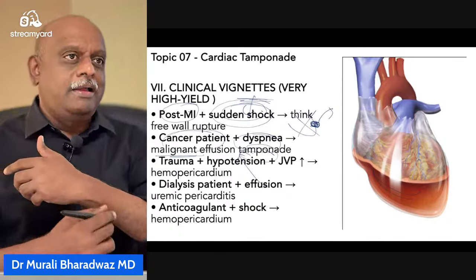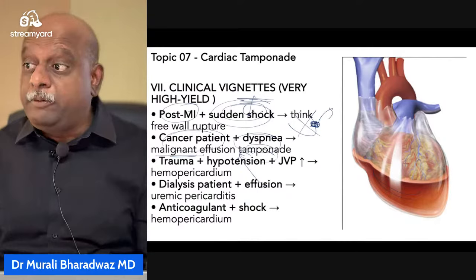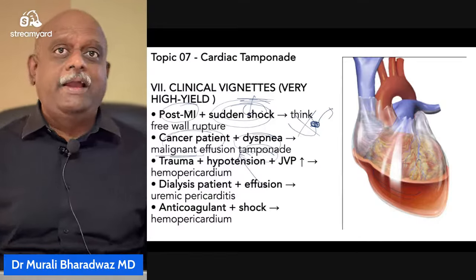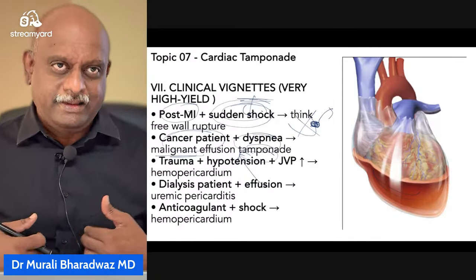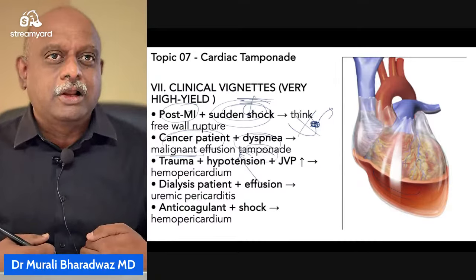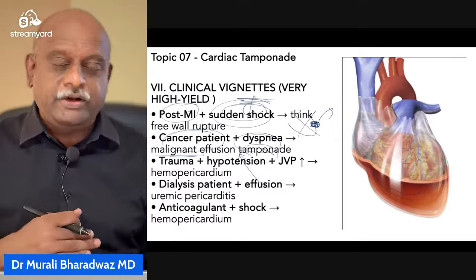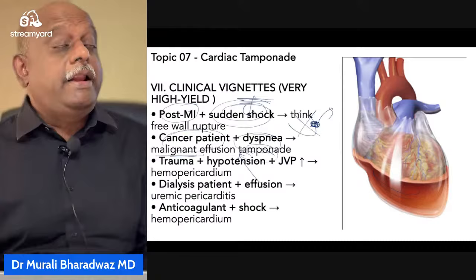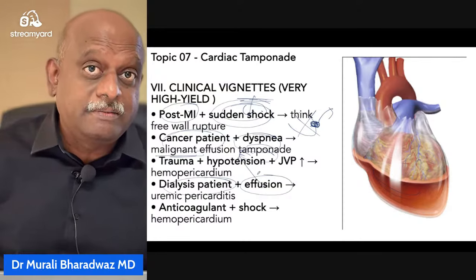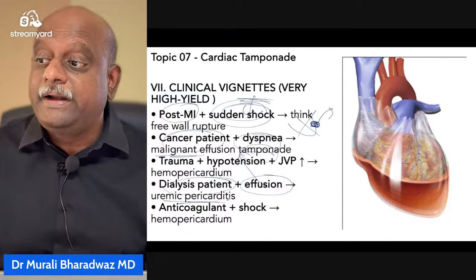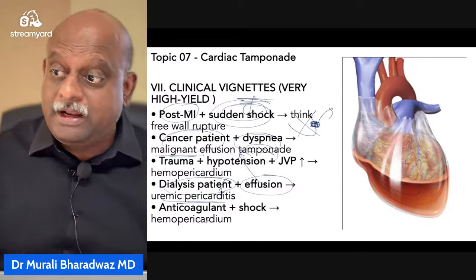Any trauma patient who develops hypotension with an increased JVP, the steering wheel hit the sternum and caused rupture of the pericardium, leading to pericardial tamponade. Any dialysis patient presenting with effusion, think of uremia leading to pericarditis, leading to pericardial effusion.